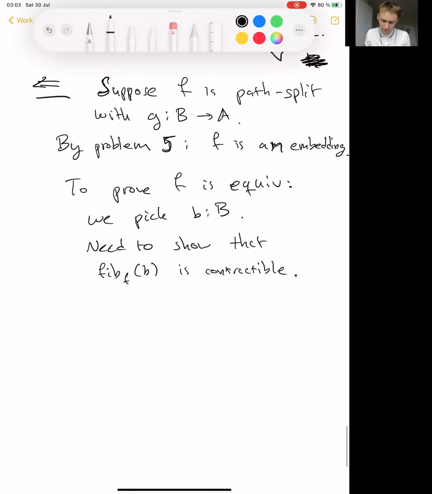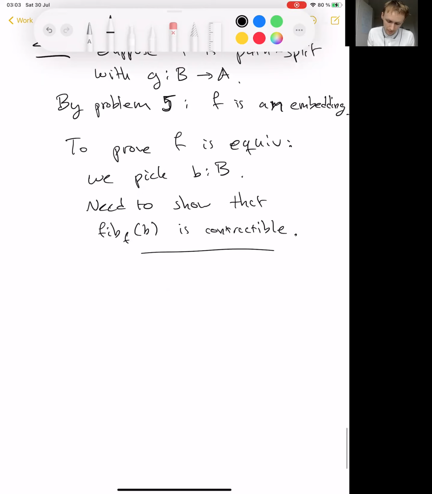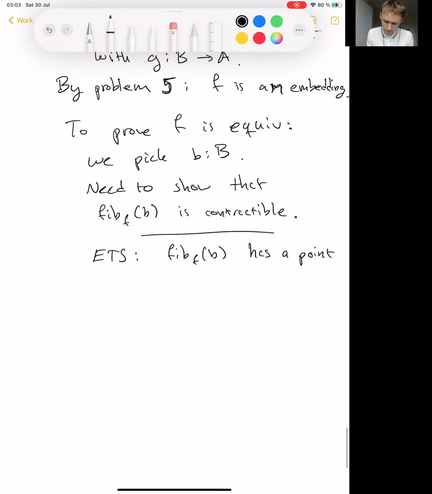Okay, so in order to show that something is contractible, it's enough to show, one, that the fiber of f at b has a point, just any point, and two, that the fiber of f at b is a proposition.